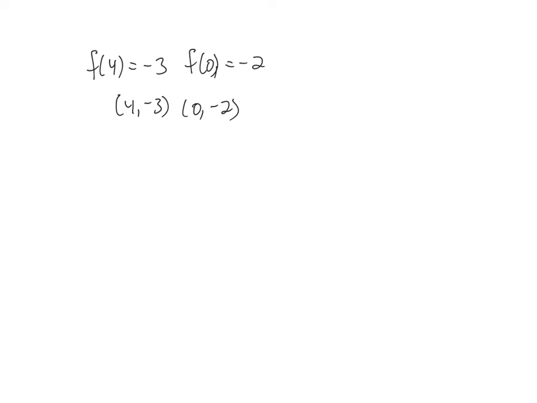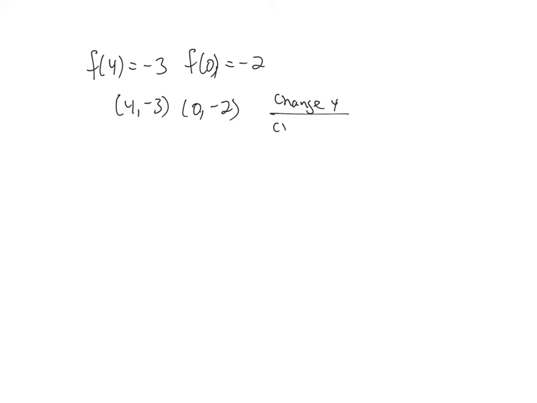So this says, when I plug in 4 for x, I get -3, that'd be the y part. When I plug in 0, I get -2.